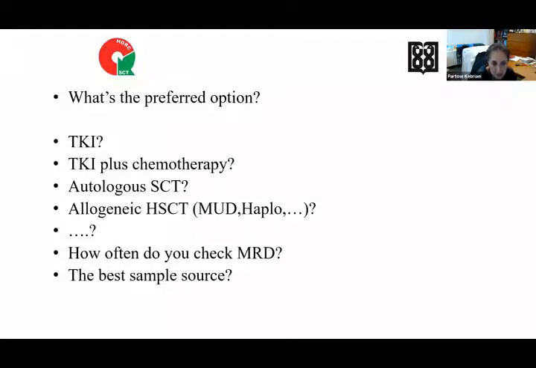Do you then consolidate with transplant or continued chemotherapy? And I would say that whatever we do now needs to be intensified, and if you can get the patient MRD negative, then it's reasonable to continue with chemotherapy and TKI only, based on the pediatric literature for Ph-positive ALL in first remission.